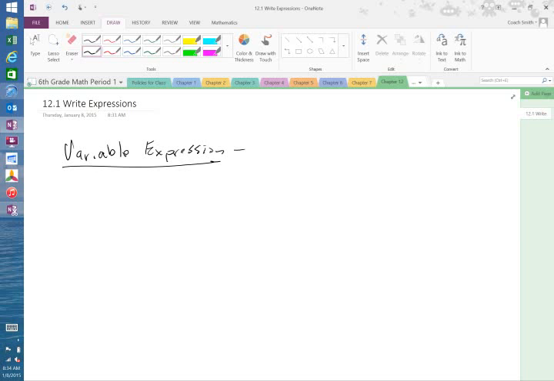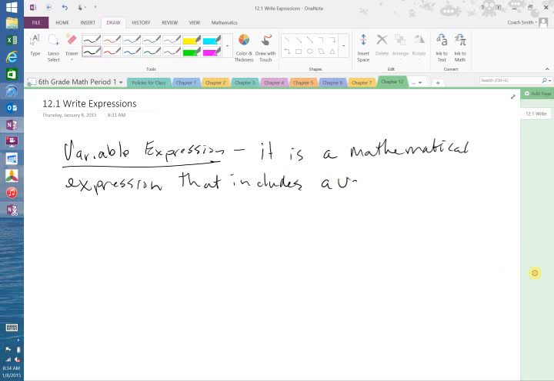What they are is this. It is a mathematical expression that includes a variable and some type of mathematical operation.